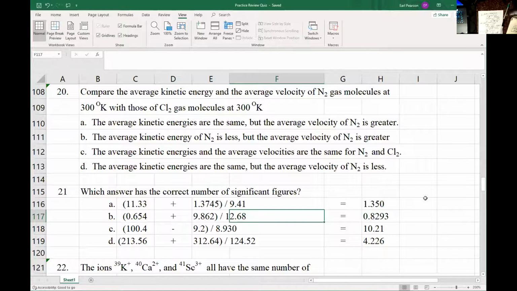All right. But it was a good exercise because I wanted you to understand about grouping symbols, and when you round, where you would round off. If you've got addition and subtraction, it's by decimal places. So when you do the part that was the addition or subtraction, we had to note where our round off would be. You don't round off, you just note where it would be. And you count the number of significant figures.